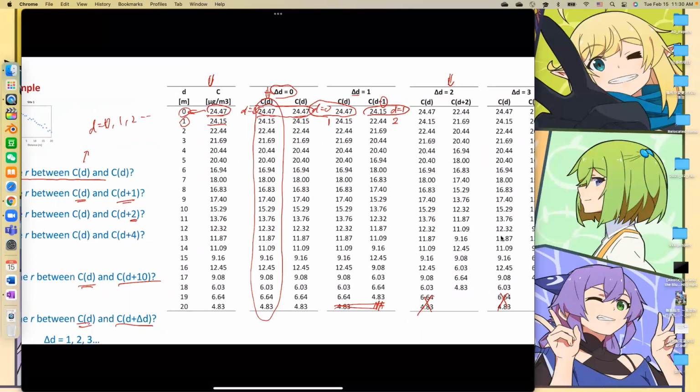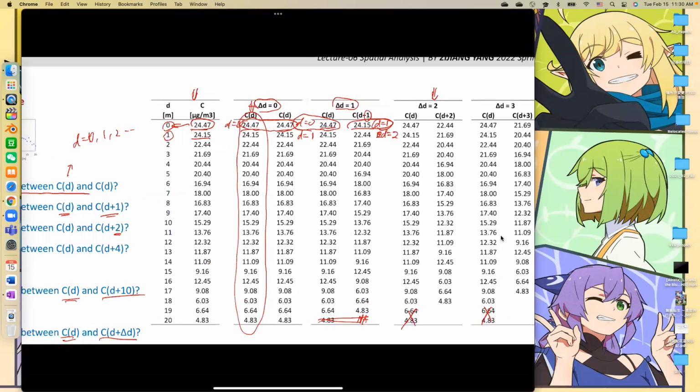If the lag equals 1, then when D equals 0, we pair this with when D equals 1, and when D equals 1, we pair this with when D equals 2. So we have two sets of data.